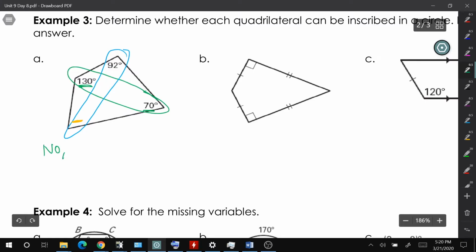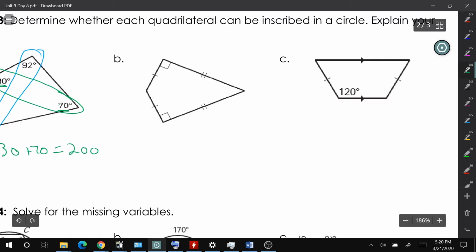So no, 130 plus 70 is 200. They're not supplementary, so this quadrilateral can't be inscribed inside a circle, because for that to be true, the opposite angles must add up to 180 degrees.